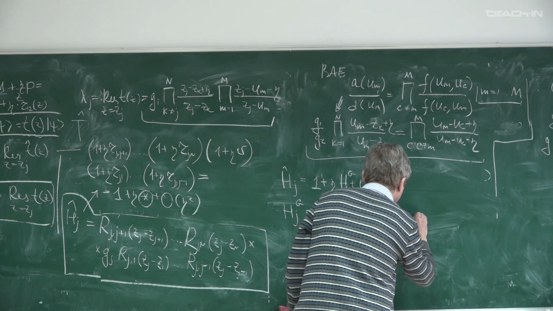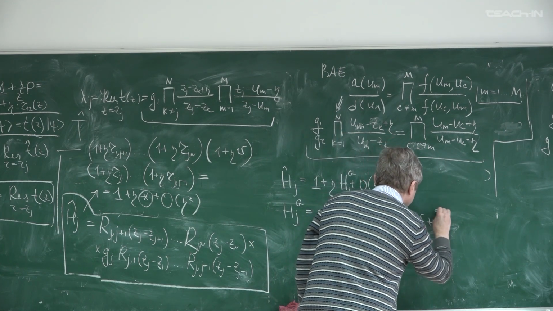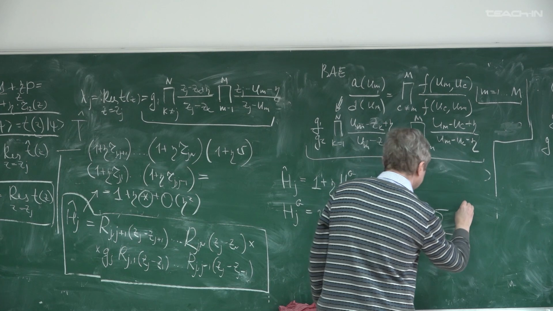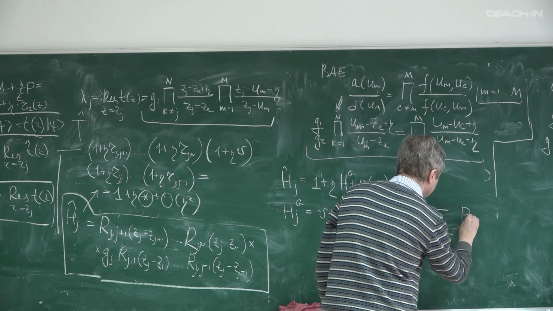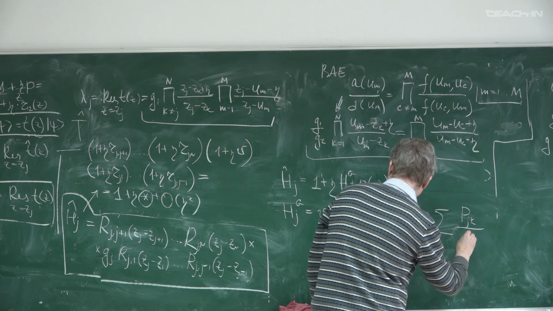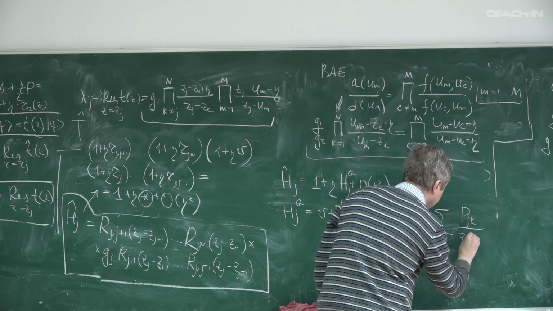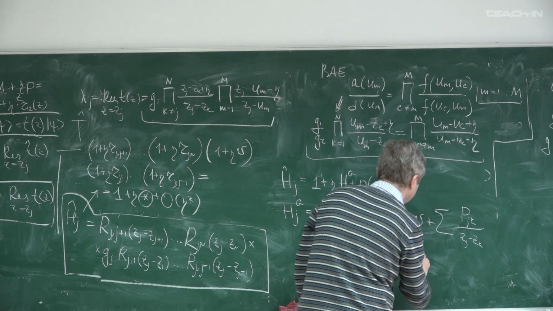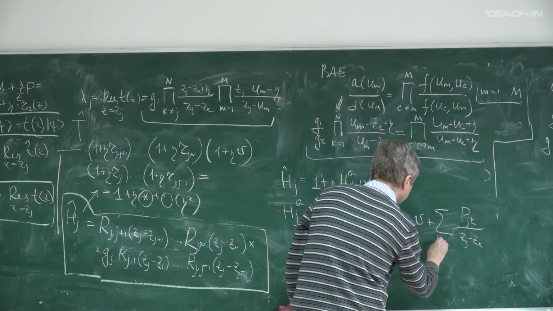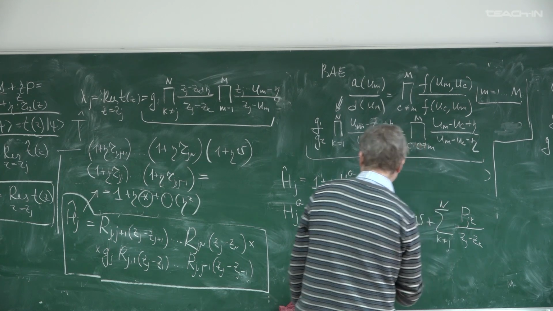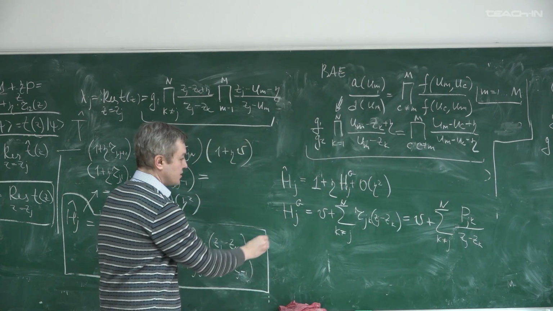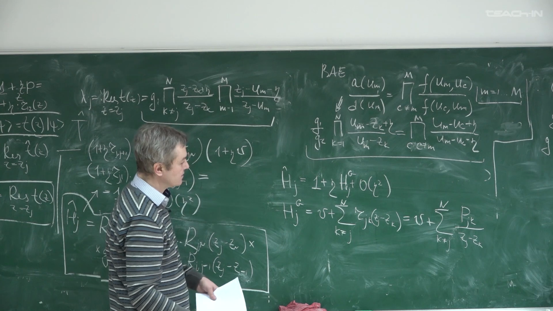Then it comes like V plus the sum over k not equal to j of P jk divided by zj minus zk. So this is a definition of Gaudin Hamiltonians.